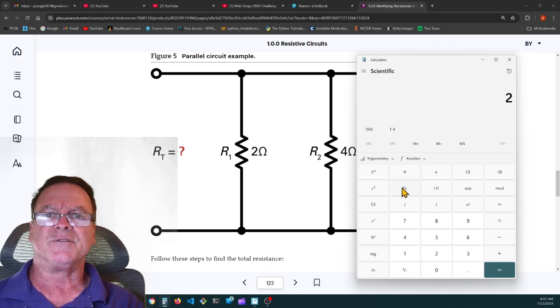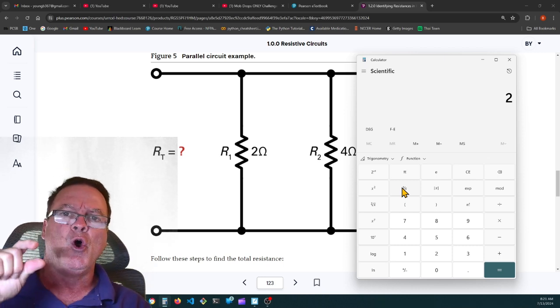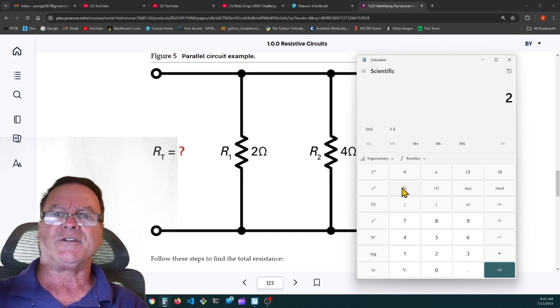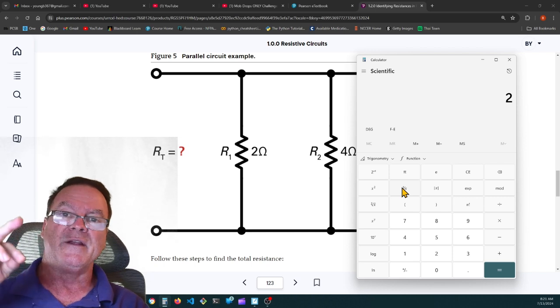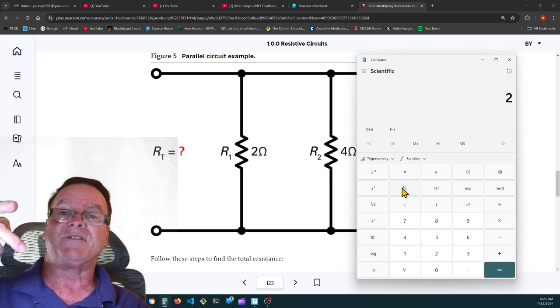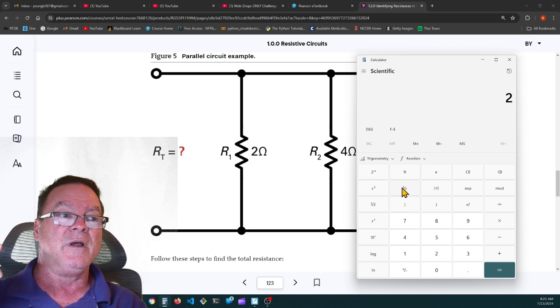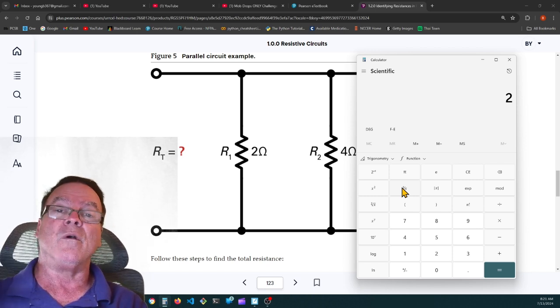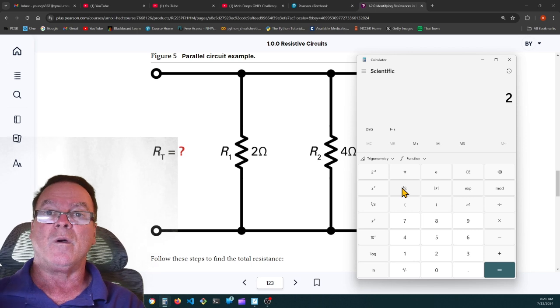Now, reciprocal, just as a refresher, is when you flip a fraction over. If I had 2/3 and I reciprocated it, I would put the 3 on the top and the 2 on the bottom, and I would have 3 halves. If I have 1/4 and I reciprocate it, I'll have 4 over 1, which is 4.